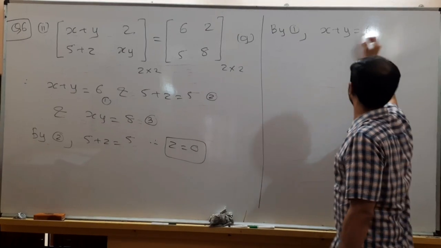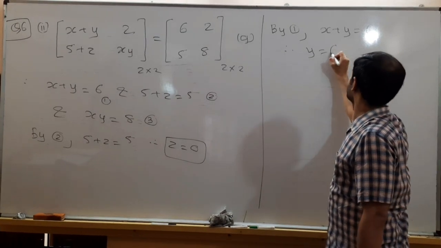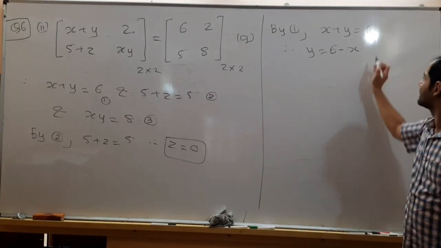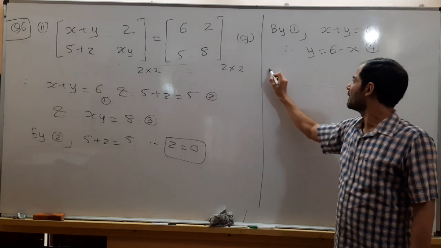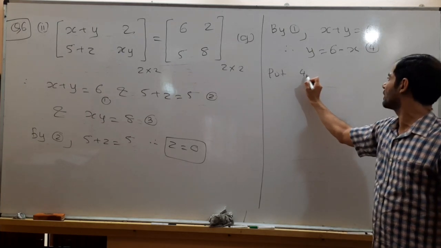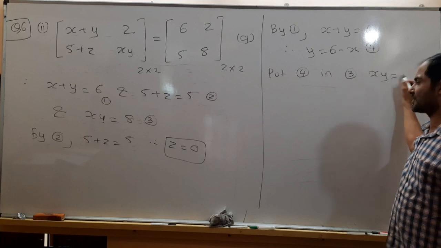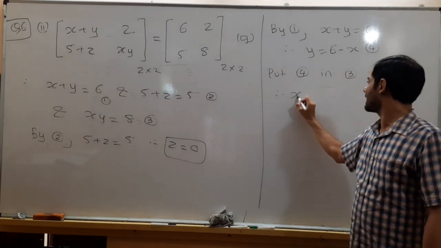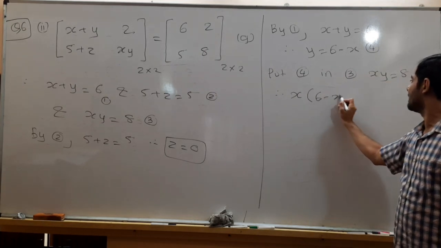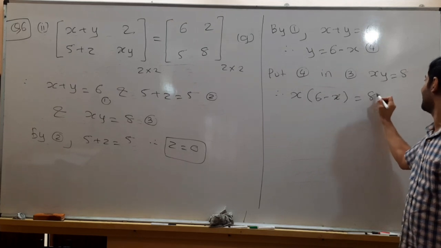So from here I end up getting y as 6 minus x. Put this in 3, which is xy is equal to 8. So x into 6 minus x is 8.